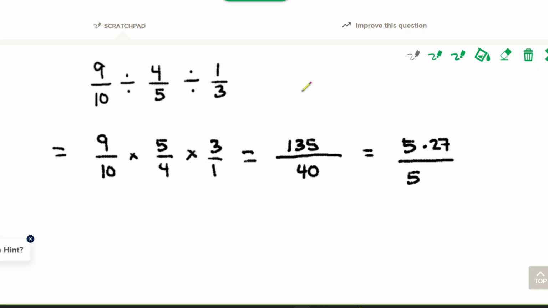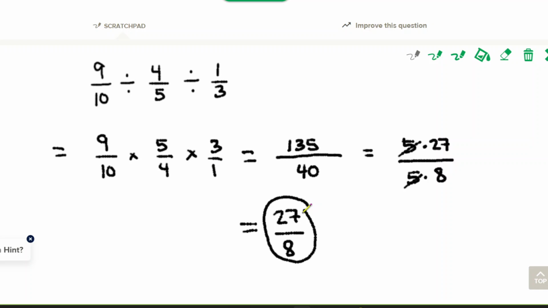The denominator is 5 times 8, that's 40. And then the 5s cancel, and you're left with 27 eighths, 27 in the numerator, 8 in the denominator. And 27 is 3 times 3 times 3. 8 is 2 times 2 times 2. These have no common factors, so this is it.